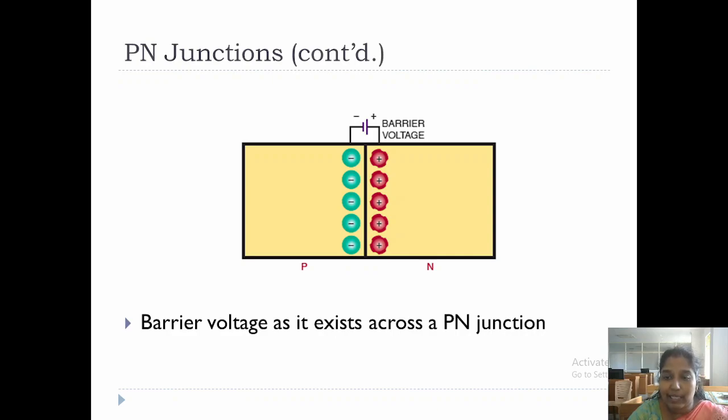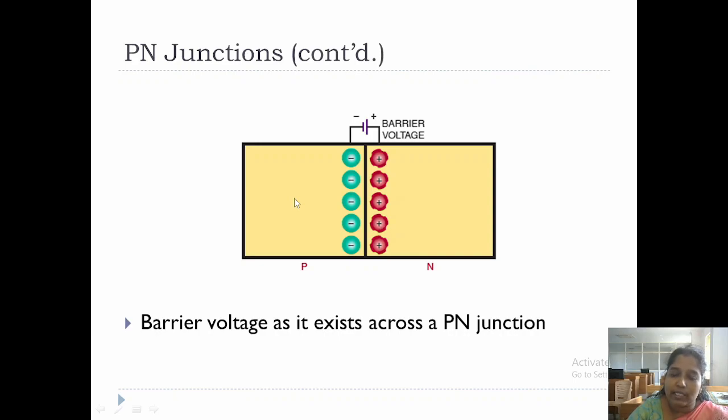But due to this electric field, the minority carriers in both regions will be able to cross this depletion region. For example, the holes, which are minority carriers in the n-type region, will be swept from the n-type region to the p-type region, and they will become majority carriers in the p-type region.